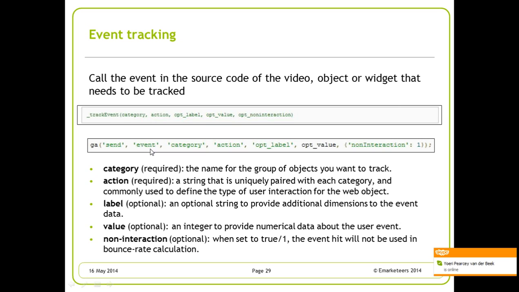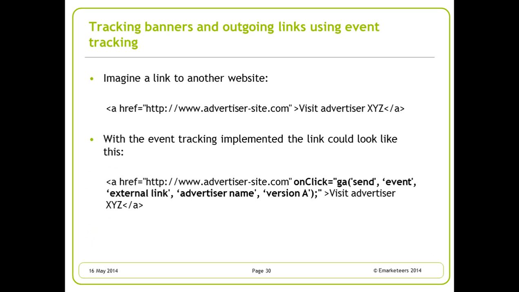Event, basically, category is, for example, download, and then action. In action you can specify the type of download or the name of a file. Here you can see it in action. This is actually a link to another website.